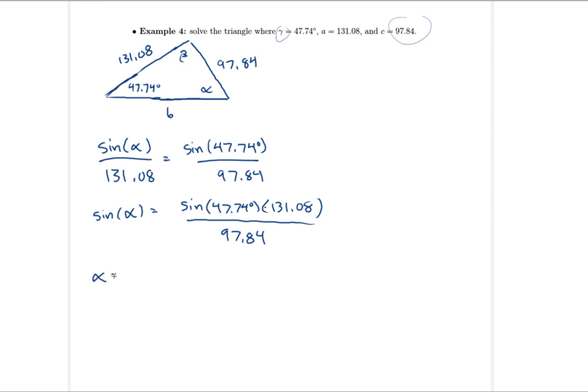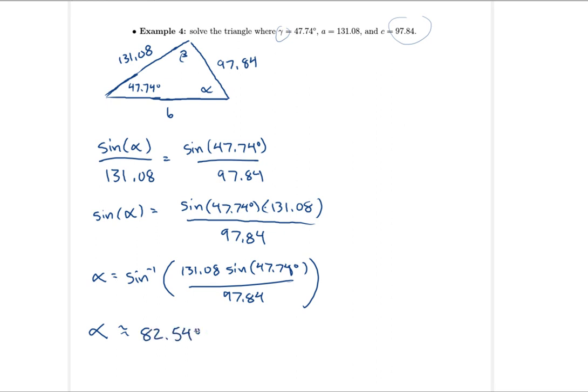So then alpha is going to be the sine inverse of all this. So 131.08 times the sine of 47.74 degrees, all over 97.84.